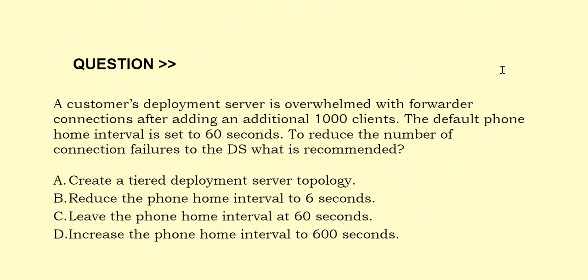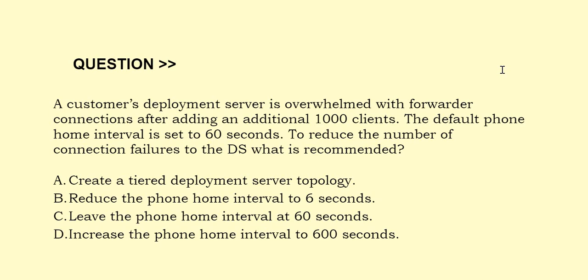Option A. Create a tiered deployment server topology. Option B. Reduce the phone home interval to 6 seconds. Option C. Leave the phone home interval at 60 seconds.